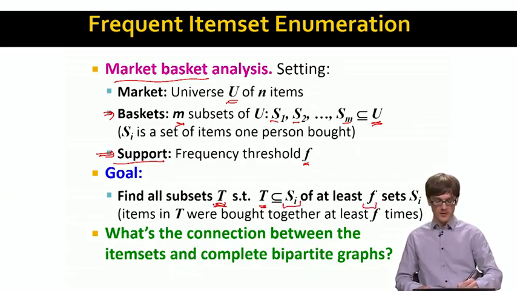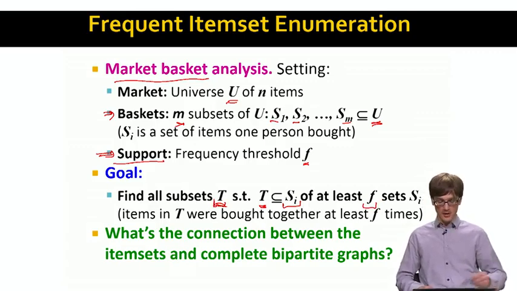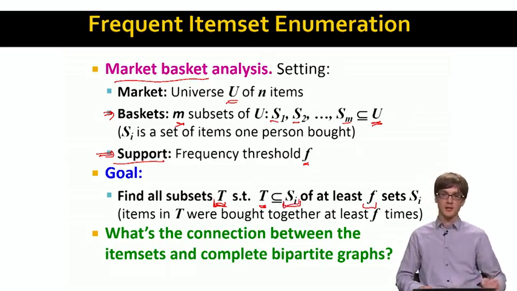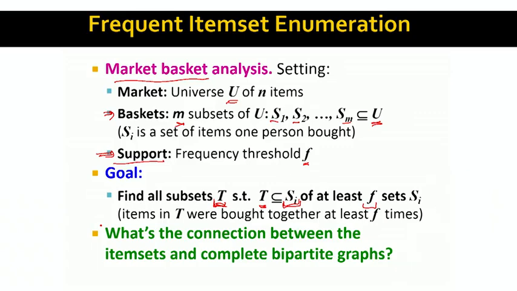We say that itemset T has support threshold F if it appears in at least F market baskets, so in at least F of the baskets S_i that we have. Now that we have defined and refreshed what we mean by frequent itemset enumeration, the next question is how do we connect frequent itemsets with bipartite graph extraction?